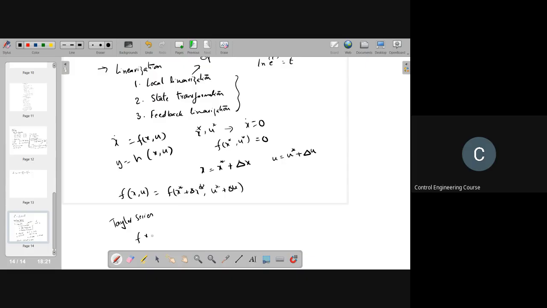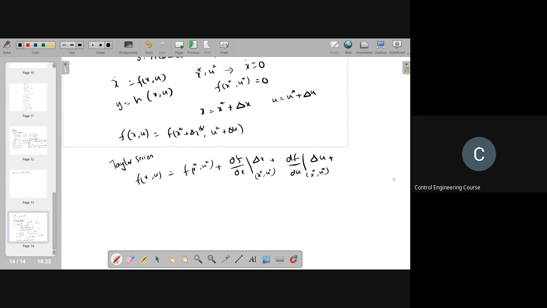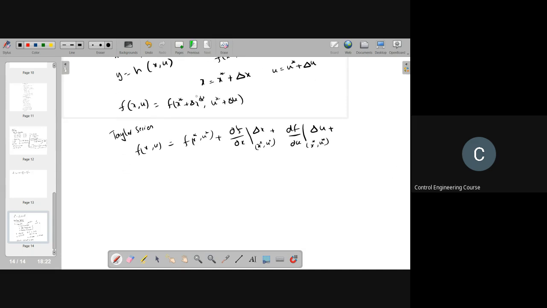Then we can write f of x comma u as f of x star comma u star plus dou f by dou x at x star comma u star into delta x plus dou f by dou u computed at x star comma u star into delta u, and there will be other higher order terms also, right? Since this is an equilibrium point, f of x star comma u star is 0, so this term is 0.